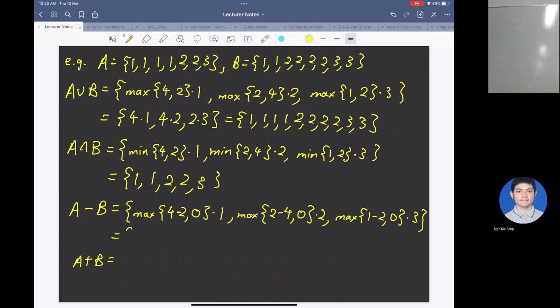Okay, so the first one is the maximum between 2 and 0, so we pick 2. And then the second one is the maximum between -2 and 0, so we pick 0. The third one, we have -1 and 0, so I pick 0.